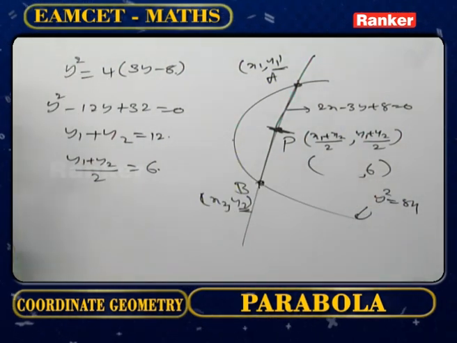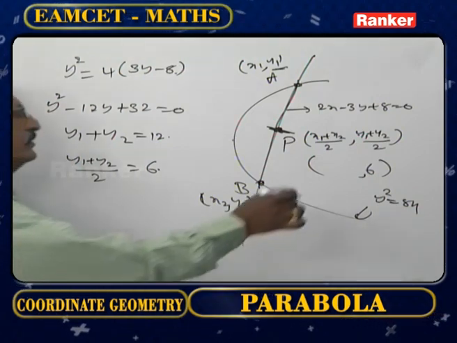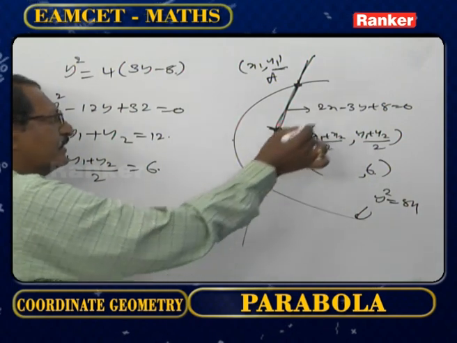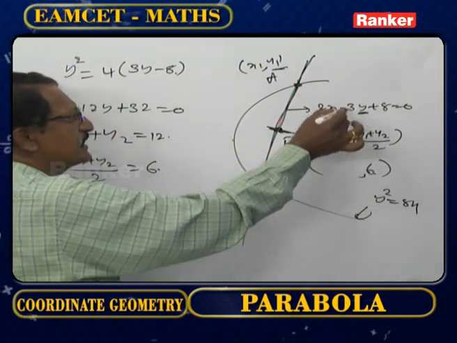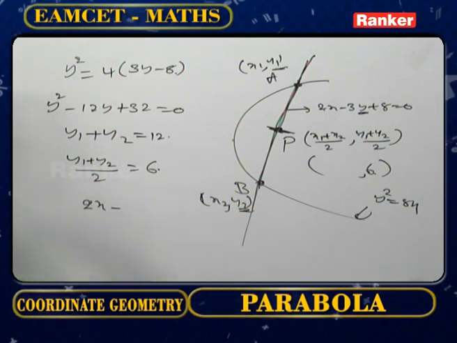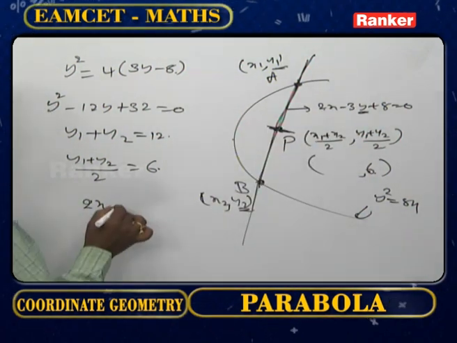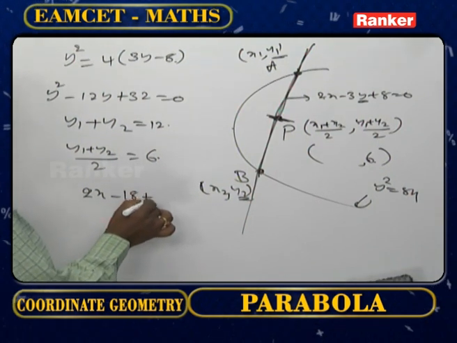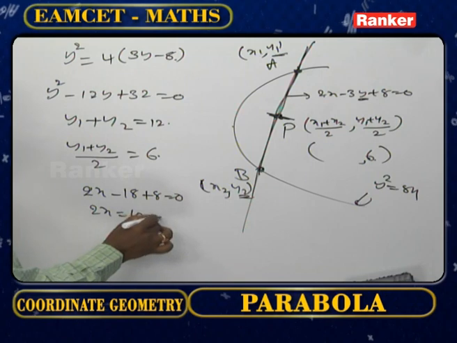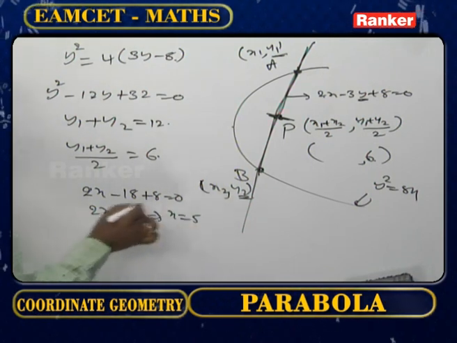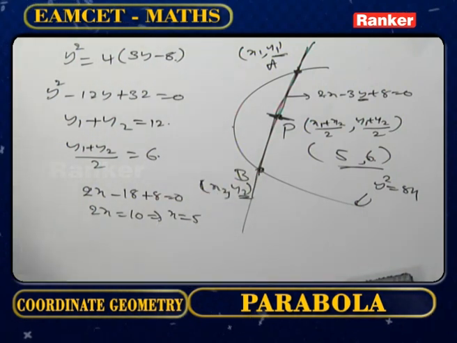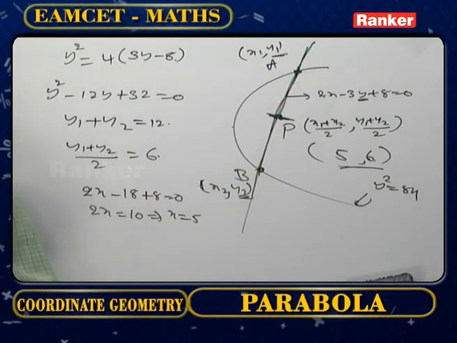Substitute y equals 6 in the equation of the line: 2x minus 18 plus 8 equals 0. Now 2x equals 10, which implies x equals 5. Now the midpoint of the chord is (5, 6).